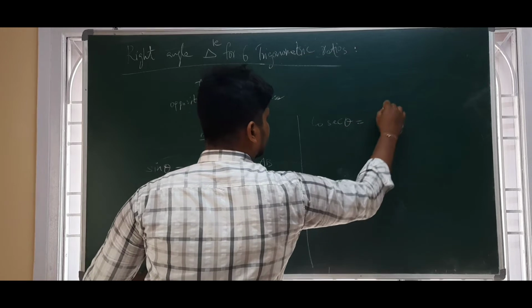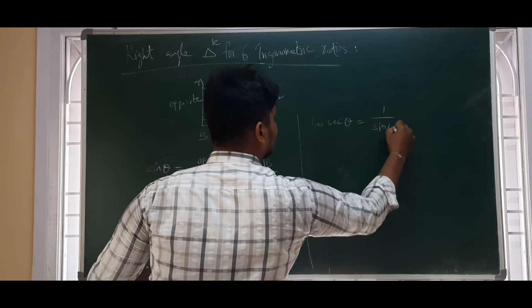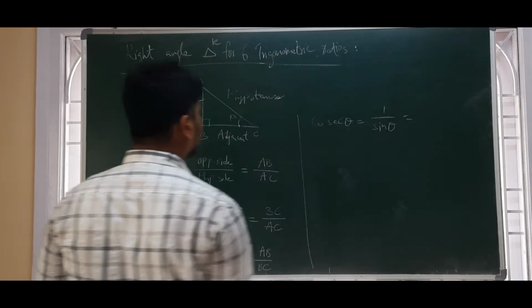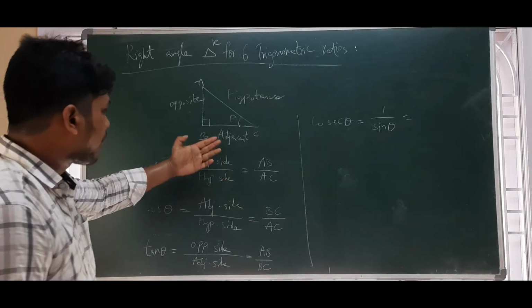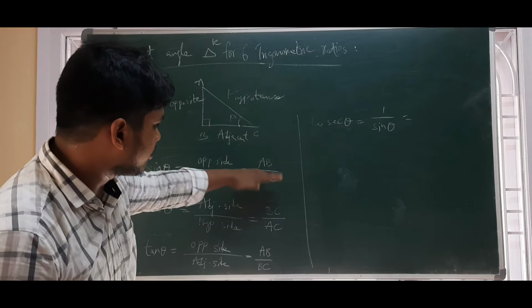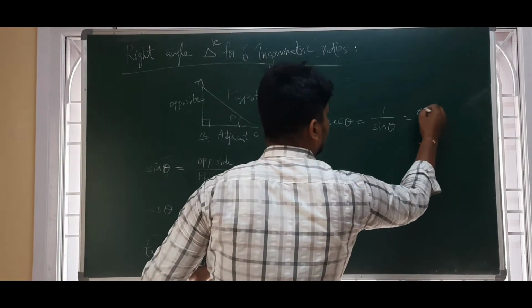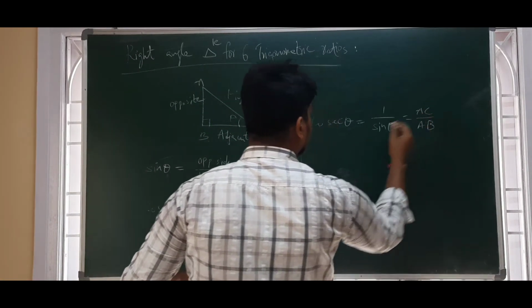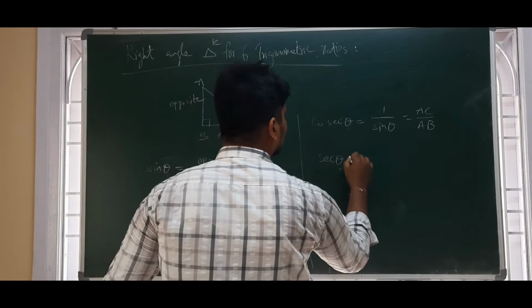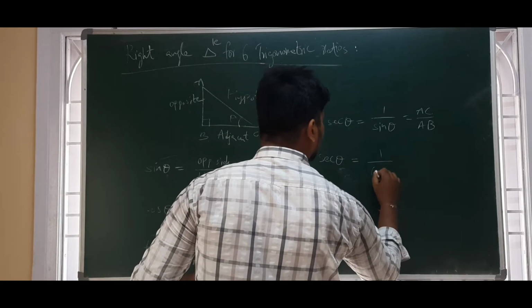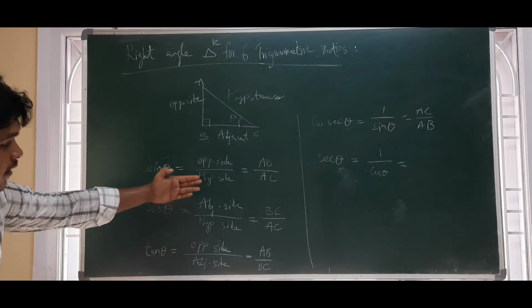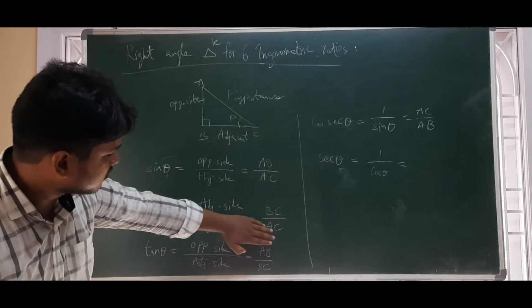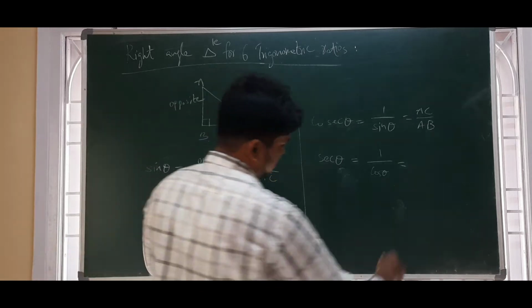And I also told you cosecant is reciprocal of sin theta. So what is reciprocal of sin theta here? Hypotenuse by opposite side, which means AC by AB. Secant theta is 1 by cos, reciprocal of cos, hypotenuse side by adjacent side, which becomes AC by BC.